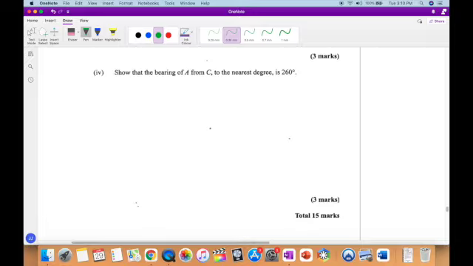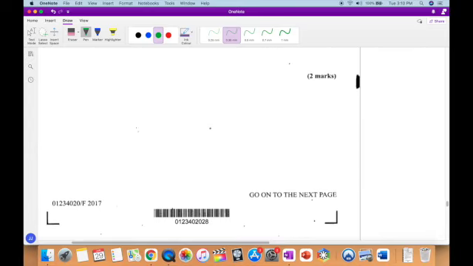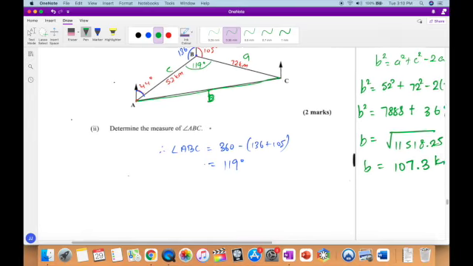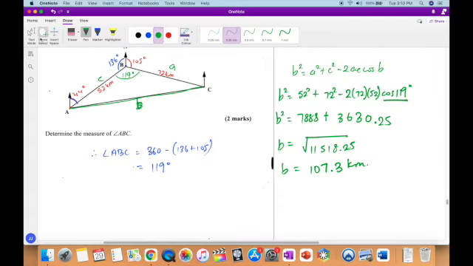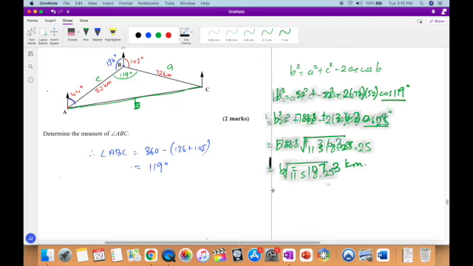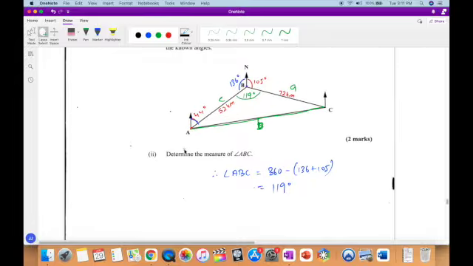Show that the bearing from C of A to the nearest degree is 260 degrees. Right? The bearing of A from C. So let me just take this and put it aside. I'll put this down by where it should be. Right, so what do I want?